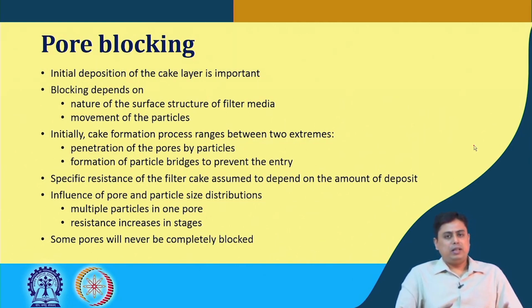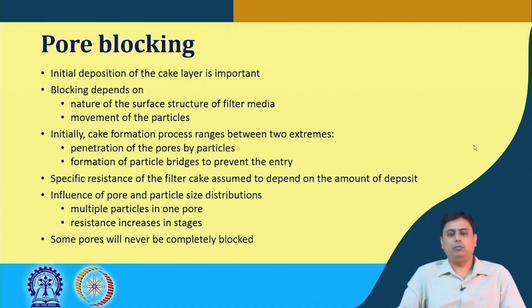So, we mentioned that there can be two processes. One is the blocking of the pore of the filter medium, and the other is the deposit that will sit on the surface. We broadly classified in these two processes, and I have also mentioned that these two processes sometimes cannot be separated.